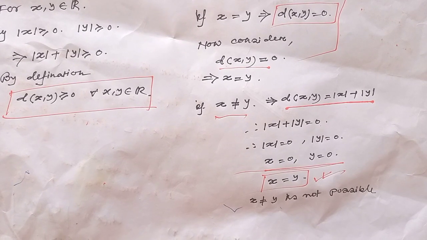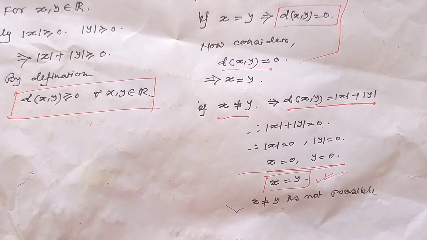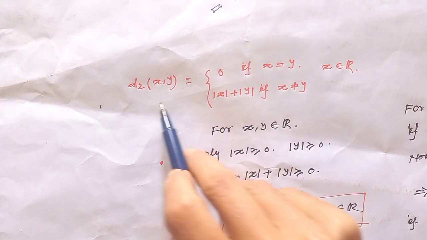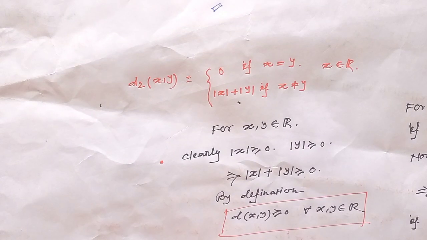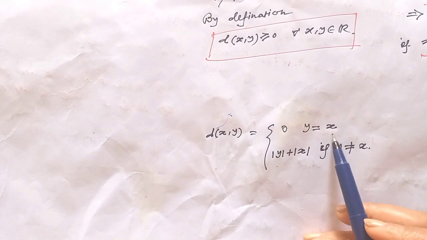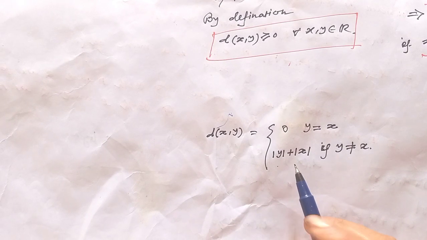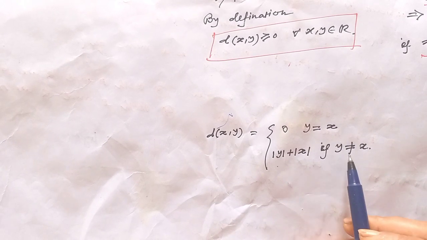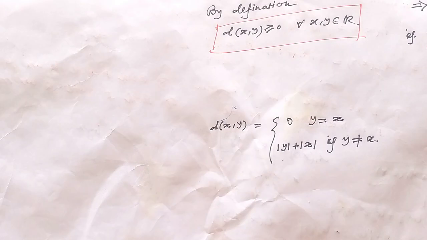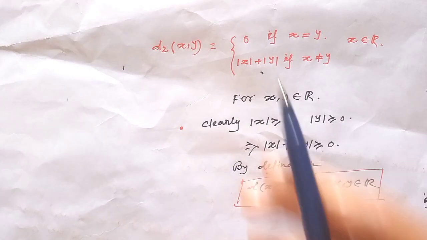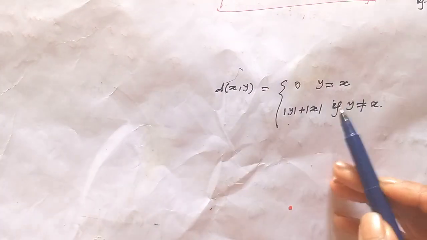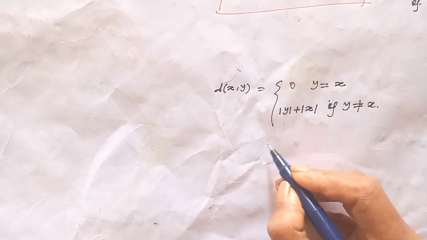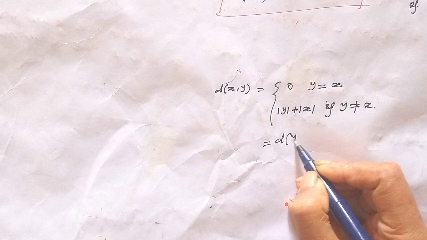The symmetric condition would also be satisfied, because d(x,y) is 0 when x equals y and |x| + |y| when x is not equal to y. We can interchange this as 0 when y equals x and |y| + |x| when y is not equal to x. When we interchange this part, this is equal to d(y,x).